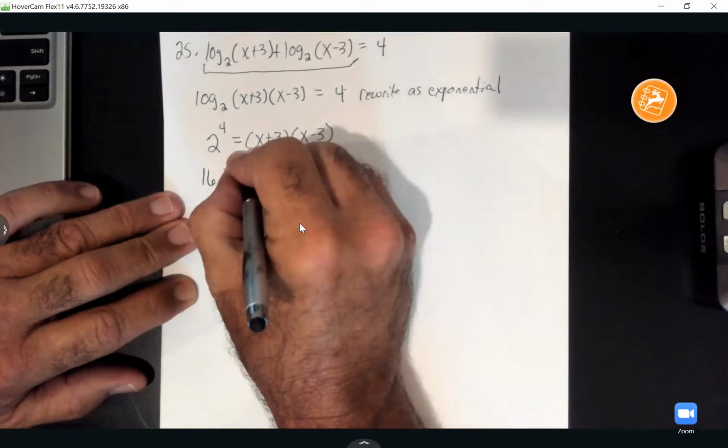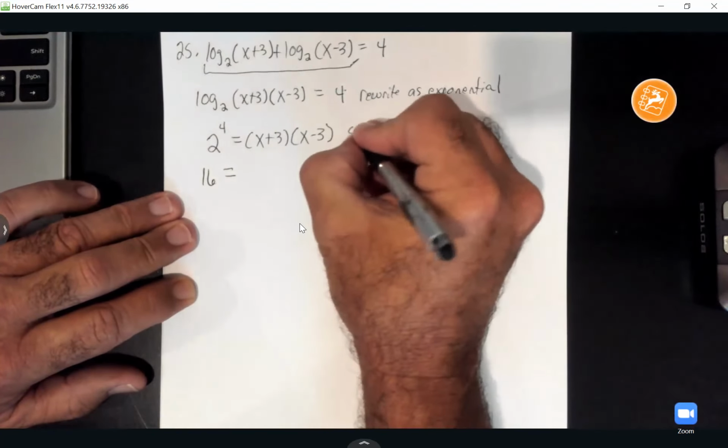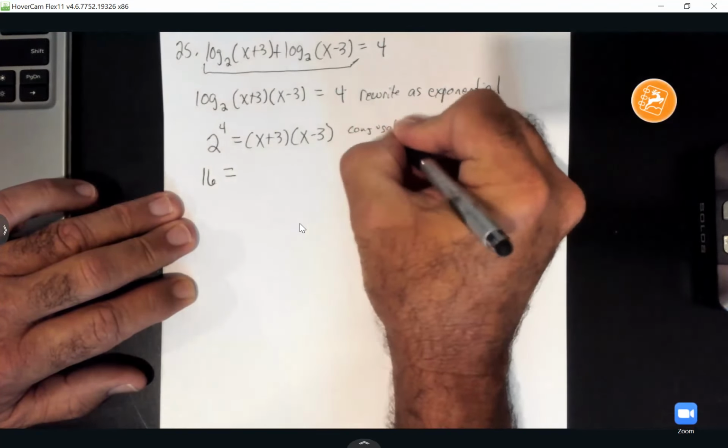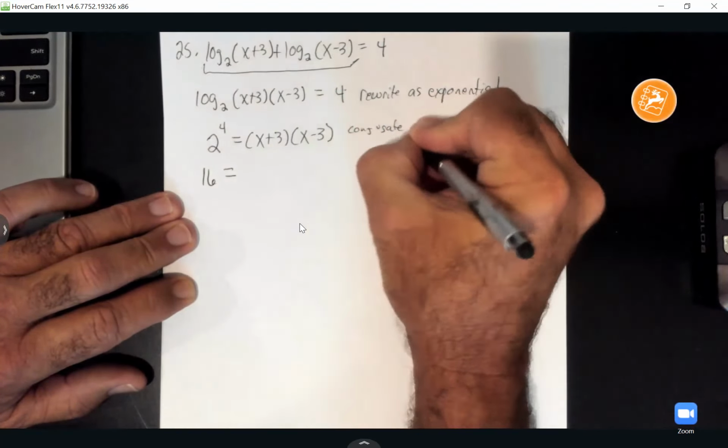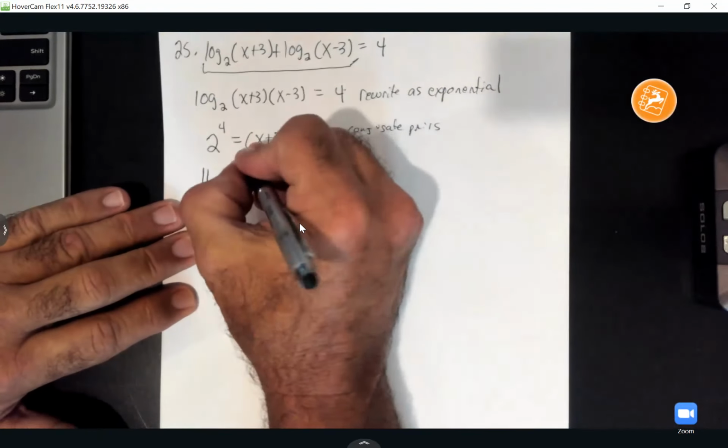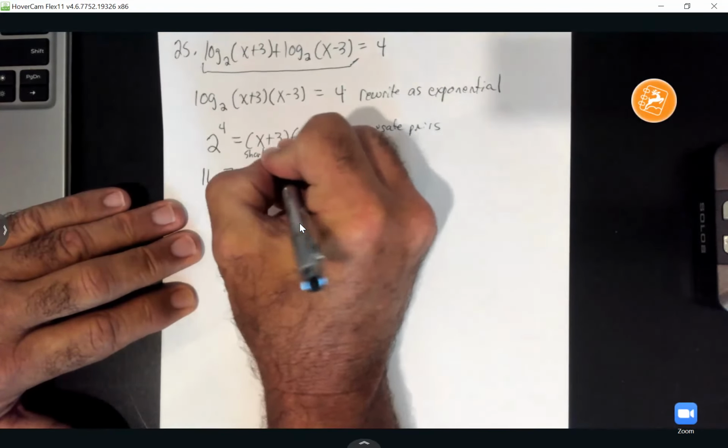Now, notice, these are conjugate pairs. Since these are conjugate pairs, I'm not going to FOIL it out the long way, remember. I'm going to shortcut FOIL this.